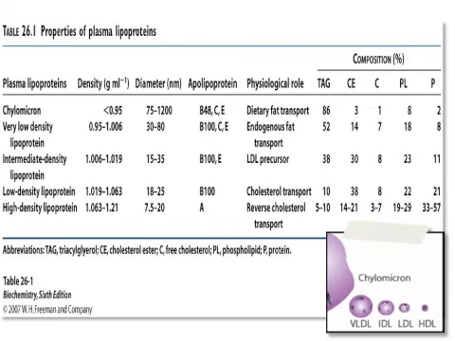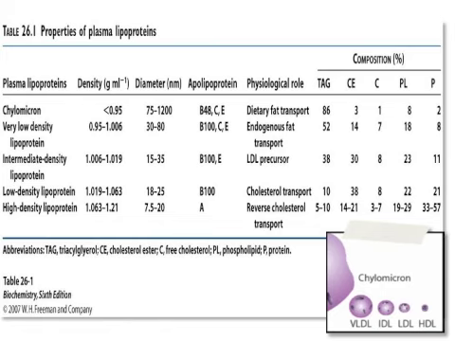Plasma lipoproteins are shown in the figure below and are listed in this chart. The name of the plasma lipoprotein is shown first, then its density, its diameter, the type of apolipoprotein it contains, its physiologic role in the body, and its percent composition of triacylglycerols, cholesterol esters, cholesterol, phospholipids, and protein.